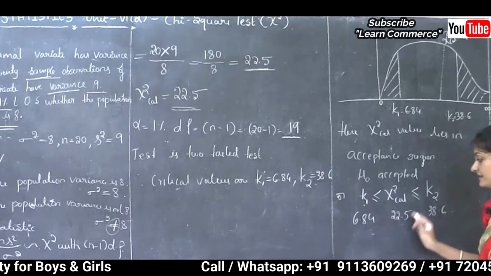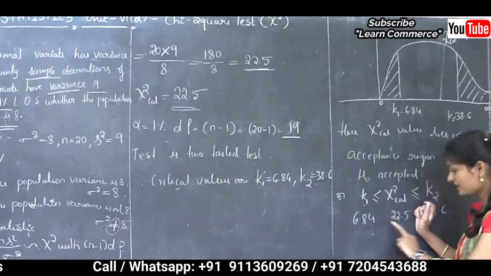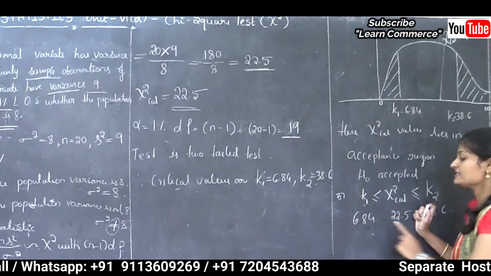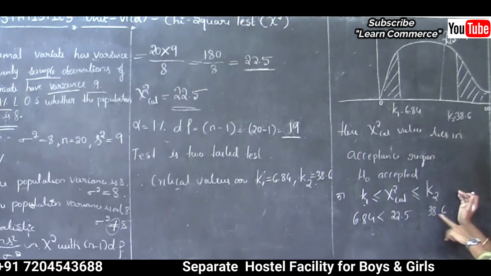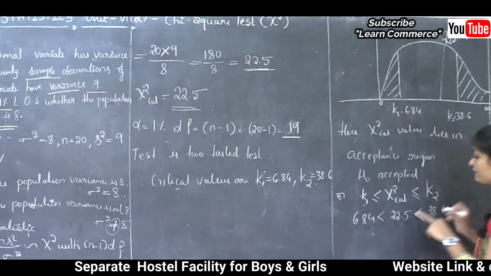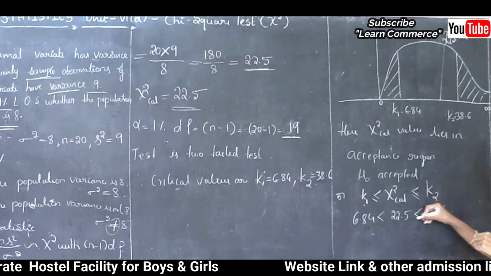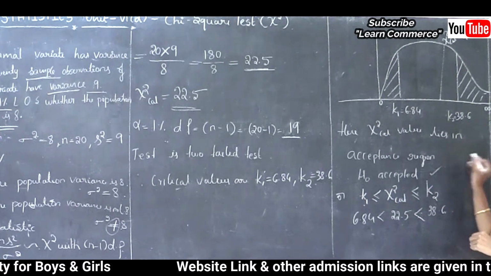First I will consider these two observations. 22.5 is greater than 6.84, therefore the sign is like this. And 38.6 is greater than 22.5, therefore the sign is like this. The conditions are satisfied, therefore H not is accepted.